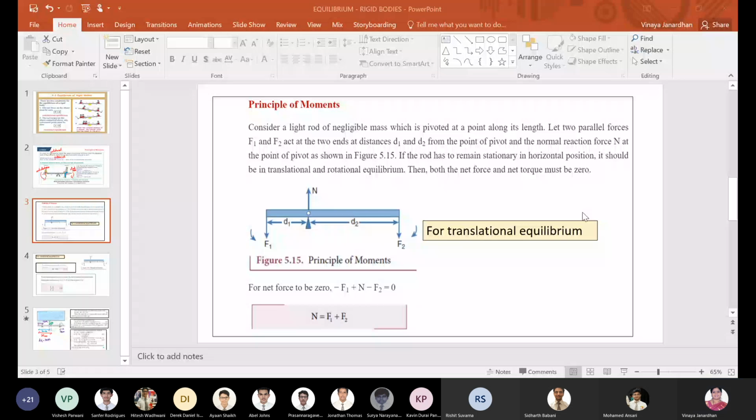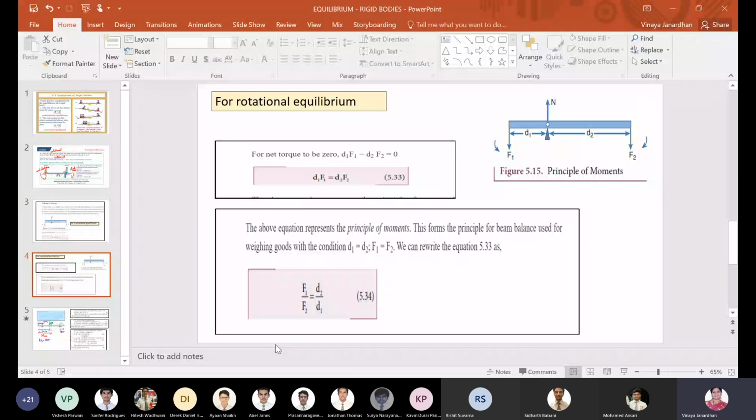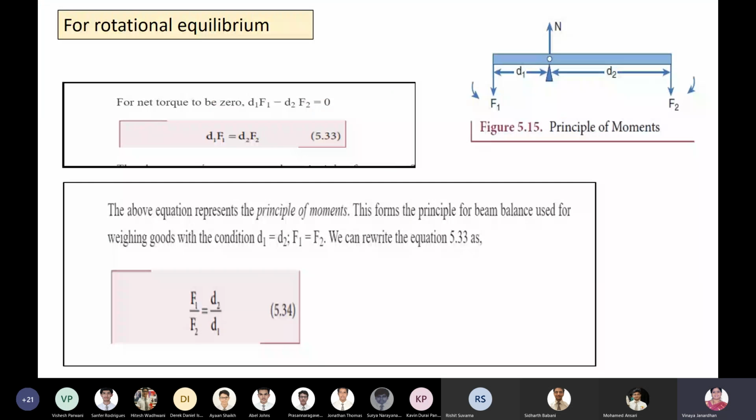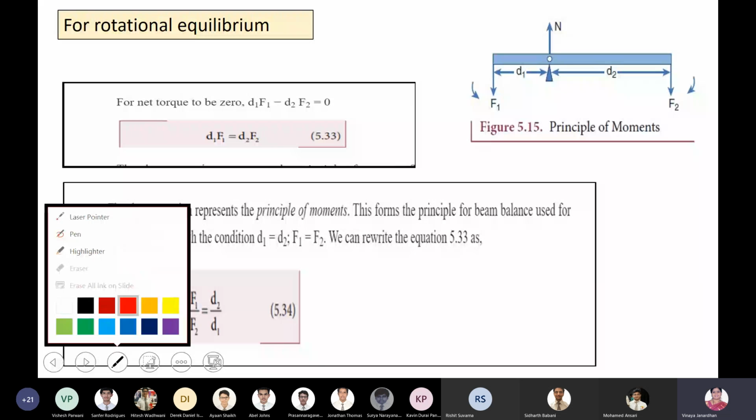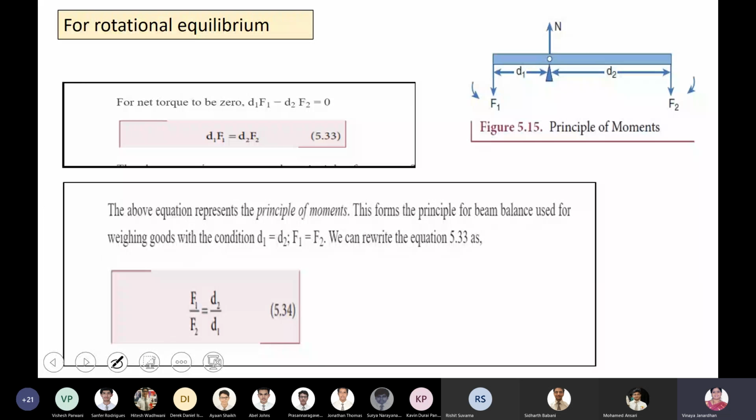Now for rotational equilibrium, when you add up the moments of the force, meaning the net torque, because moment of the force is just torque, the net torque should be 0. So you have tau 1, you have tau 2. Both are in opposite directions.